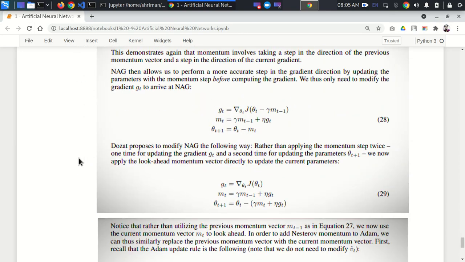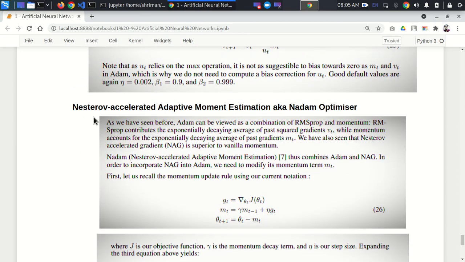This is Nesterov accelerated adaptive moment estimation, NAdam, meaning NAG plus Adam. So we are going to get multiple optimizers which we can use as per our requirements and needs.